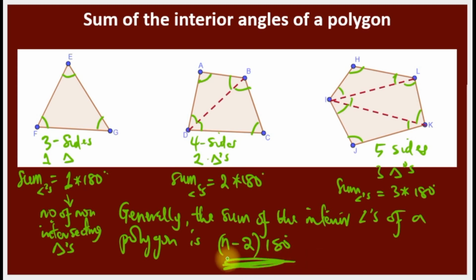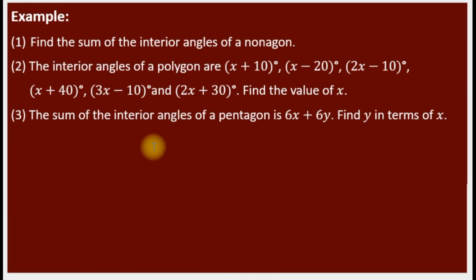This is a special formula for the sum of the interior angles of a polygon. Let's use it and solve the question. They said find the sum of the interior angles of a nonagon. That's the first question.